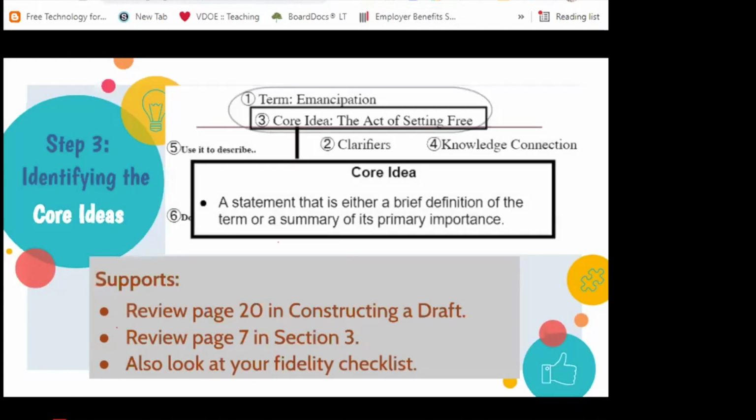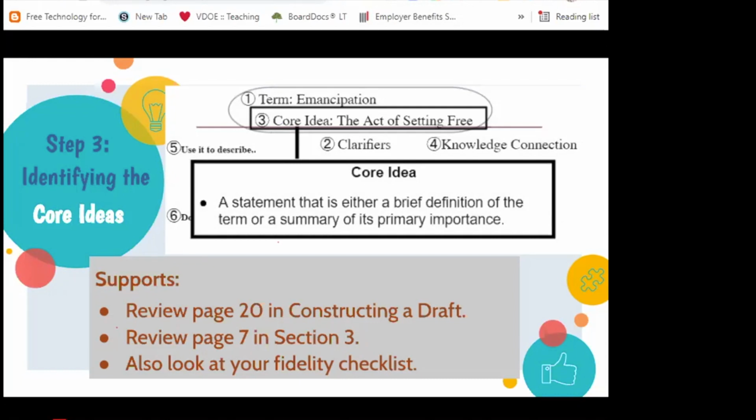All right, so I'm going to move us on to the next one, which is the core idea. So if your principal or someone outside of the building walked in and asked your kids, "What are you learning about?" this is what they'd say is the core idea of what they're learning about.